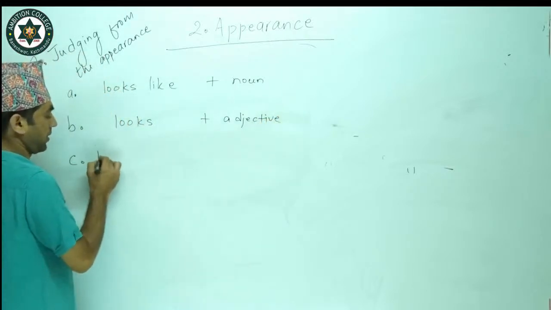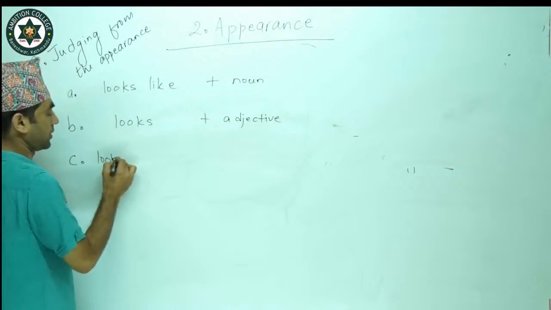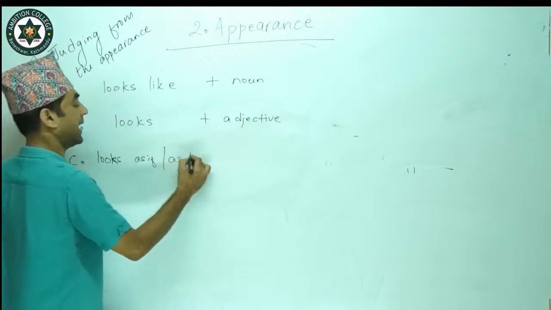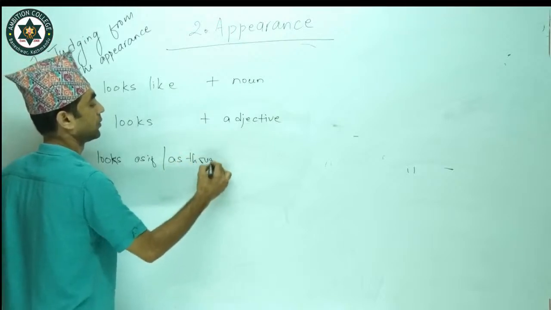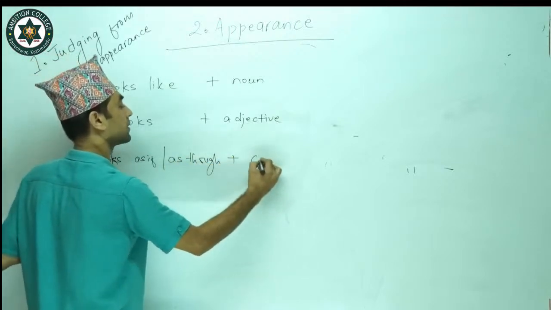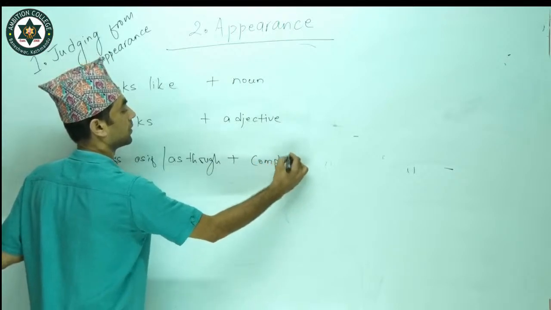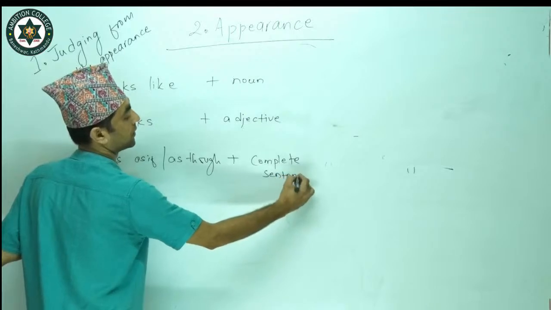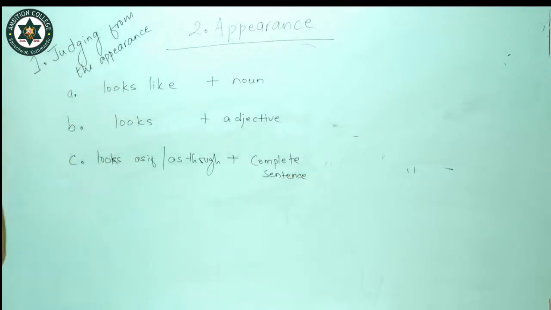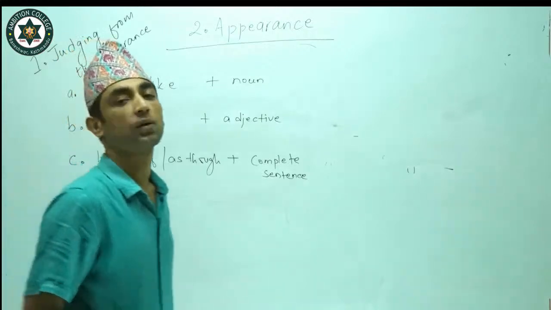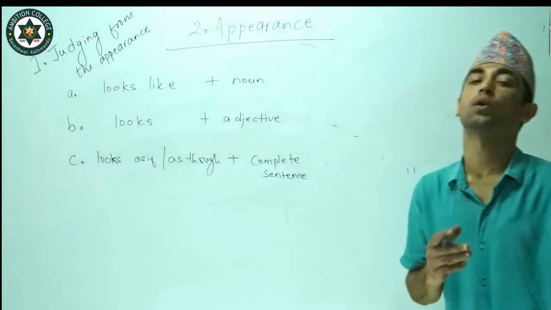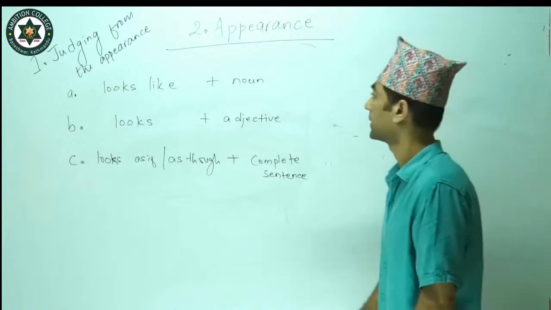With looks as if or as though plus complete sentence. These are the structures that we use to talk about the appearance or to judge about the appearance.